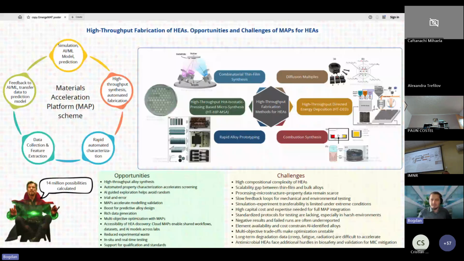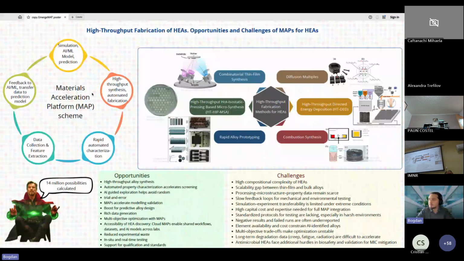Nowadays, one of the most effective approaches for materials with complex composition spaces, which require optimization across multiple variables, is the concept of the materials acceleration platform, which includes different steps, such as simulation, high throughput synthesis, rapid automated characterization, then data collection and analysis, and then it gives feedback to prediction models to go to the second cycle of experiments, and in this way to find the best solutions possible.